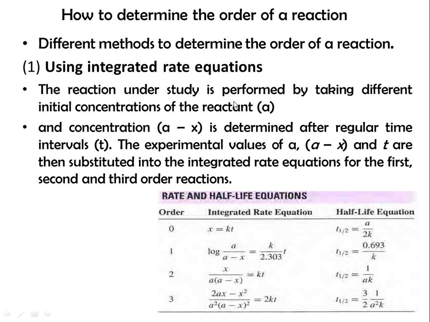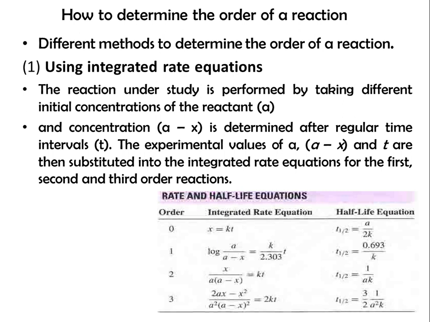The reaction under study, the reaction for which we want to determine the order, is performed by taking different initial concentrations of the reactant, say small a, and the concentration of the reactant, that is a minus x, is determined after regular time intervals t, that is t1, t2, t3, like 10 minutes, 20 minutes, 30 minutes.